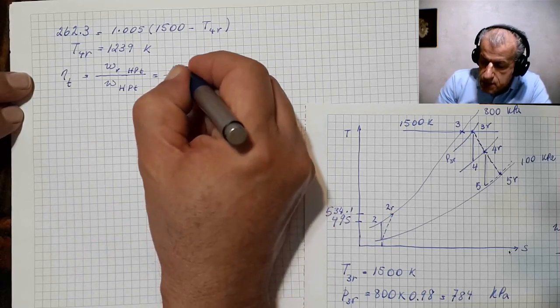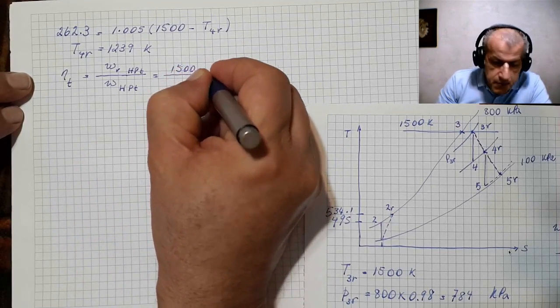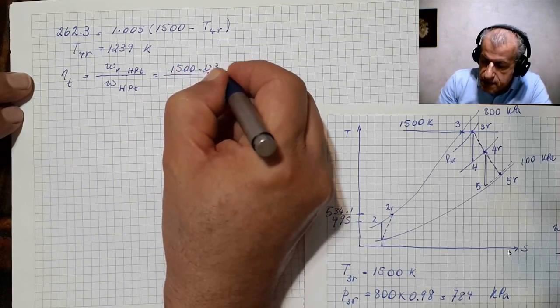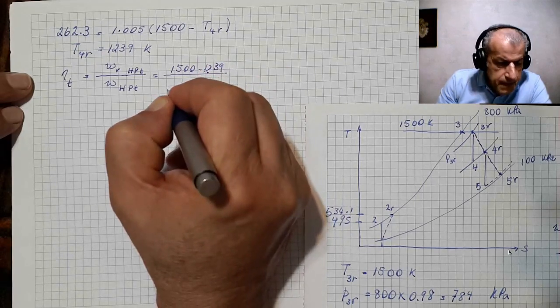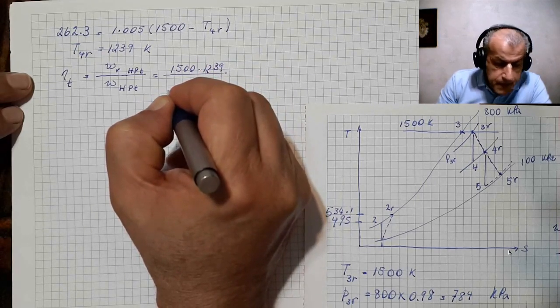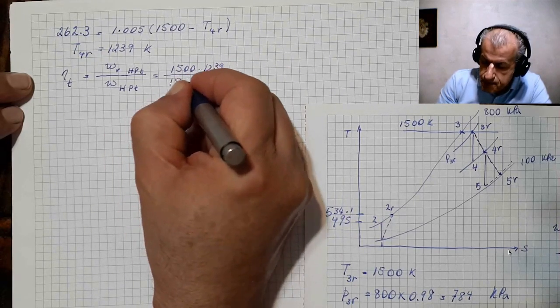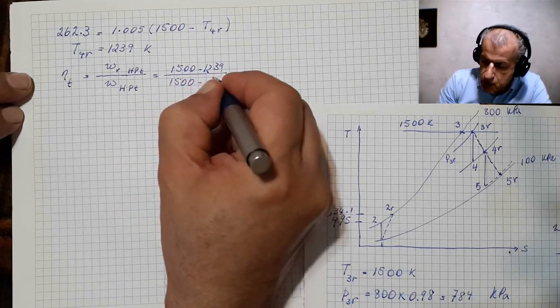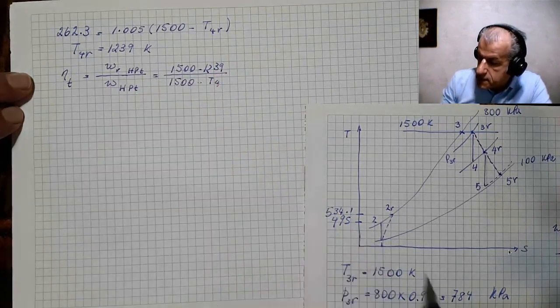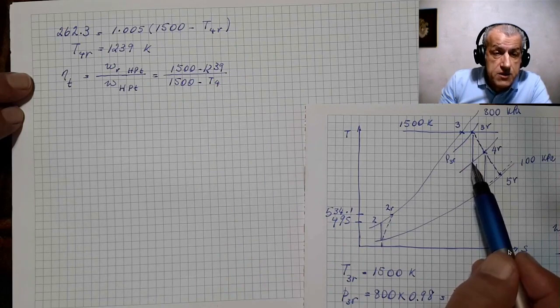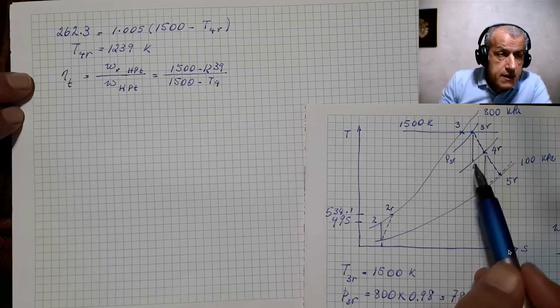So it would be 1500 minus 1239 divided by 1500 minus T4. And T4 is the exit temperature for the ideal turbine.